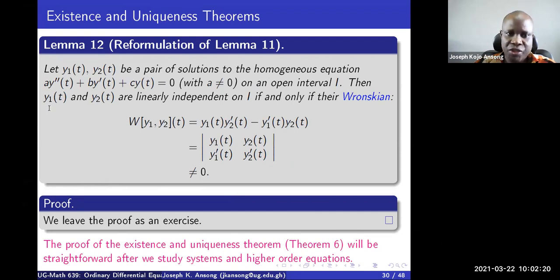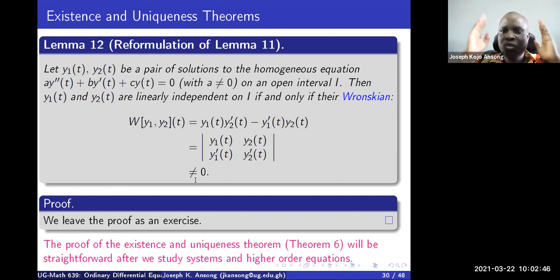Then these two solutions, y1 and y2, are linearly independent on the interval if and only if the Wronskian is not equal to 0. Remember, the technical lemma goes in only one direction; this one is if and only if. So if I have two solutions, y1 and y2, and the Wronskian is not equal to 0, then the two solutions are linearly independent.